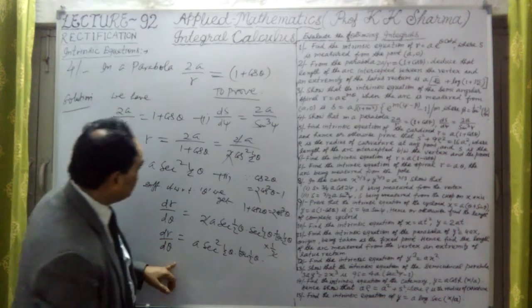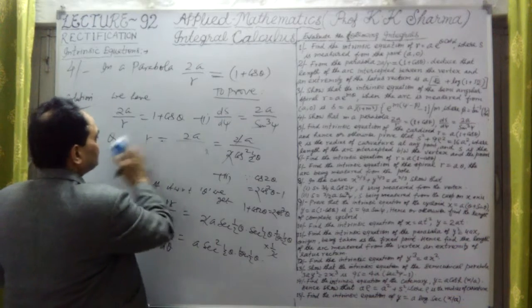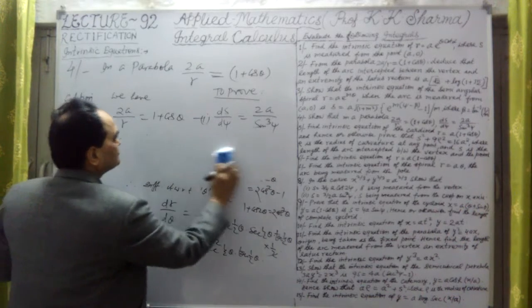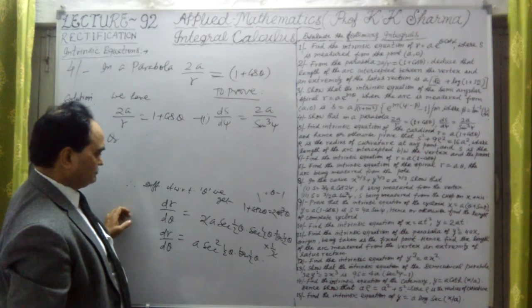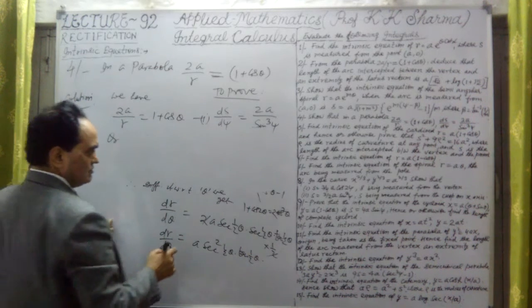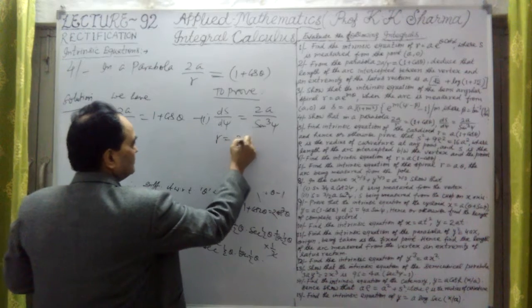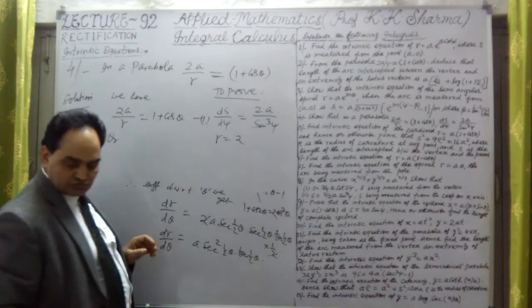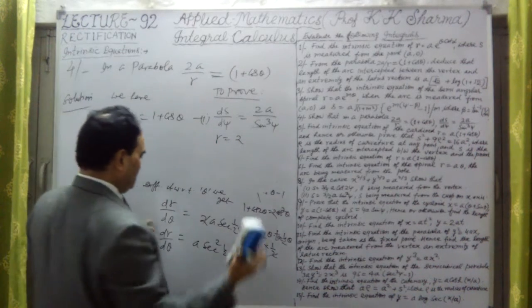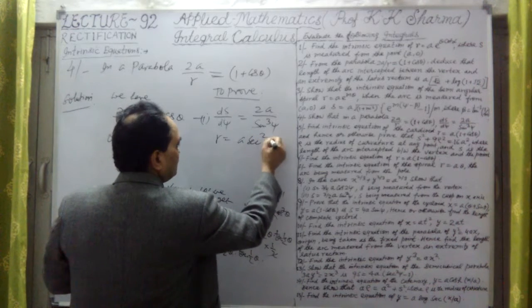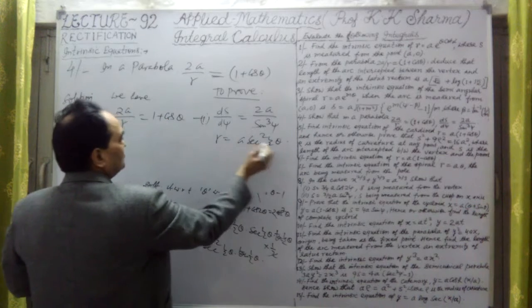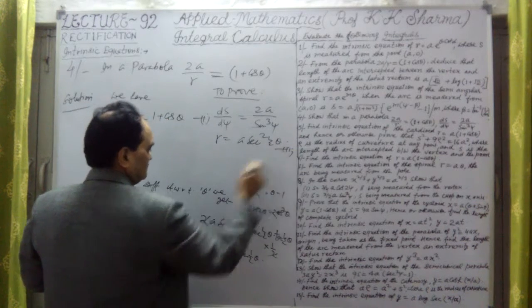Now, what is ds upon d theta? Let me find that out. Because r was a into secant square half theta, this was the value of r which we took in the second equation.